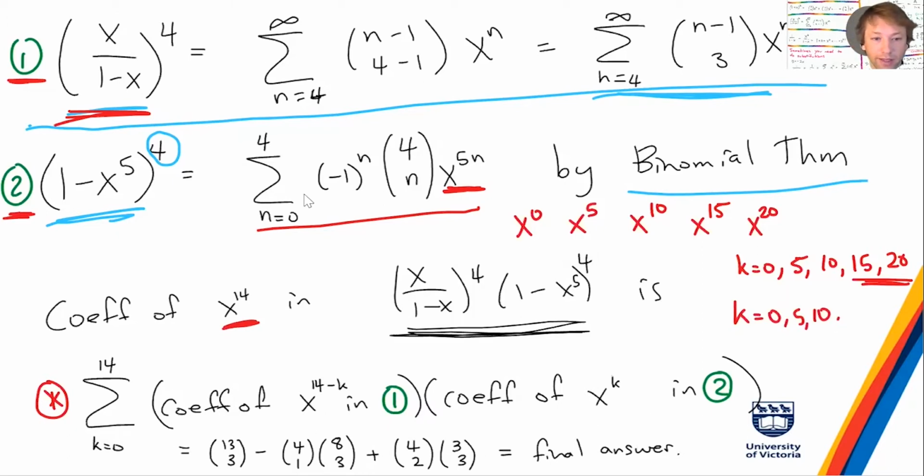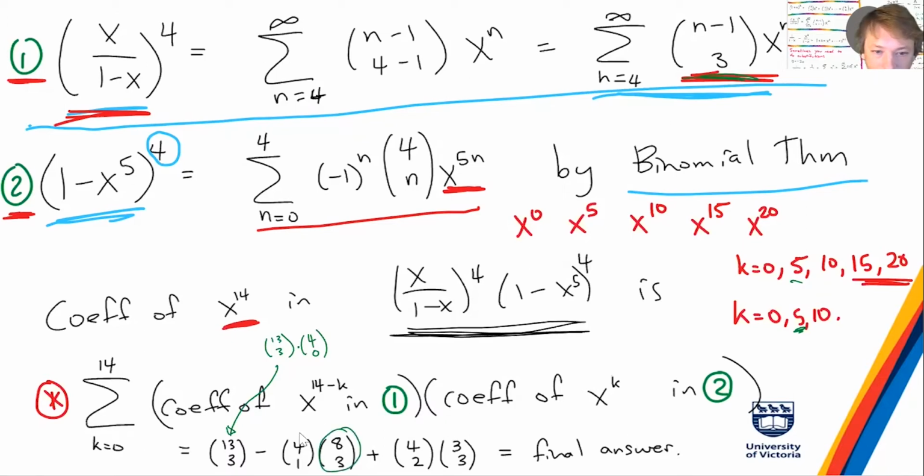So when k is 0, the coefficient of x to the 14 in the first expression, if I plug in n equals 14, I get 13 choose 3, times 4 choose 0. Now, the next k we have to deal with: the coefficient of x to the 9 is 8 choose 3 in the first.